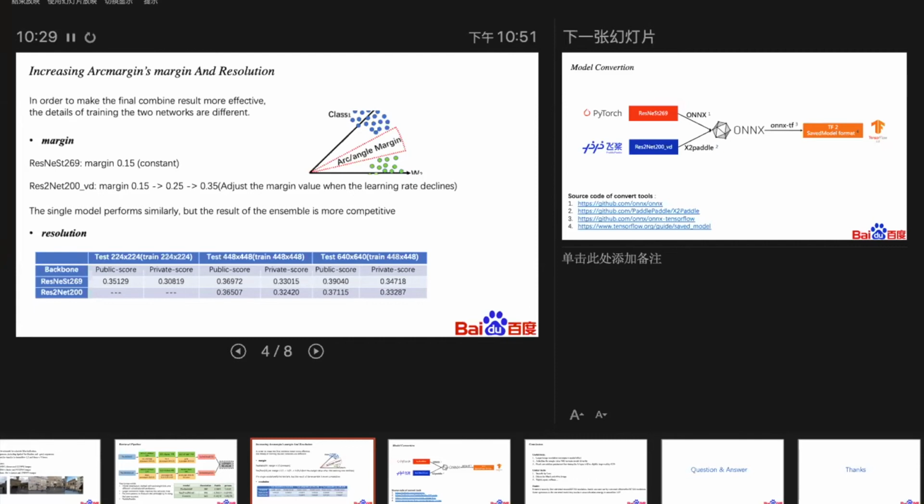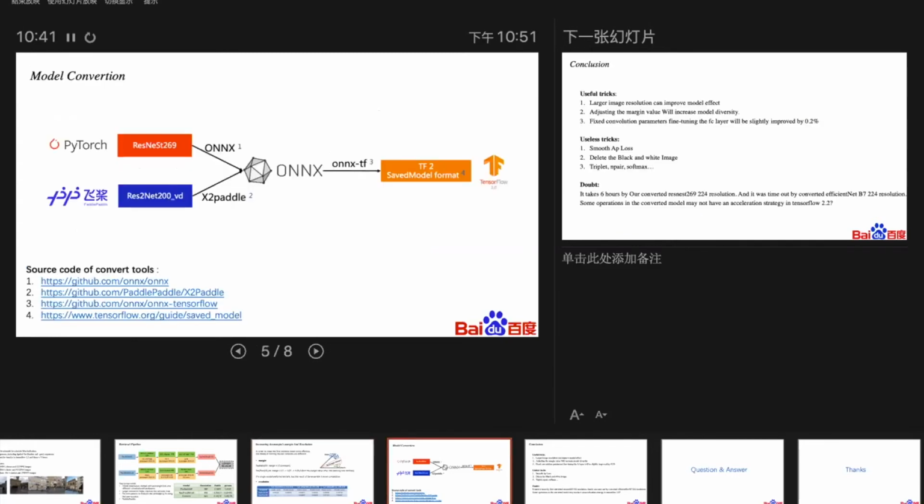What I mean is, what's the reason for using different deep learning frameworks like PyTorch and Paddle in model training and converting to TensorFlow? Does that affect the performance? No, we just have two GitHub model codes. We trained them normally. TensorFlow is used in the end.